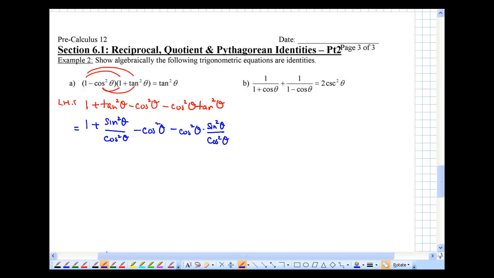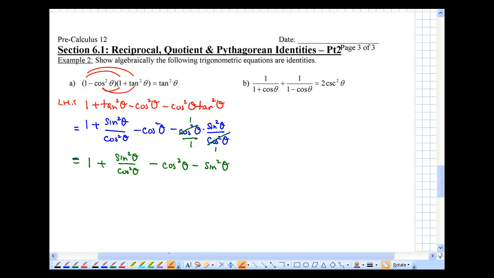Okay? See anything else you can simplify? Yeah, here's the two cosine squared thetas. They kind of cancel each other or divide out. So now I see 1 plus sine squared theta over cosine squared theta minus cosine squared theta minus sine squared theta.